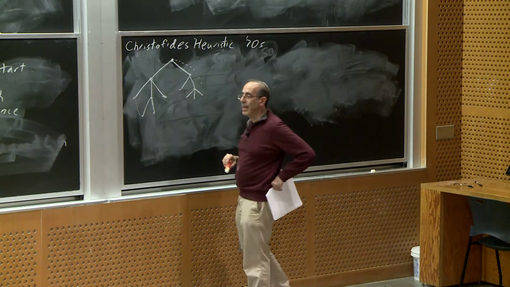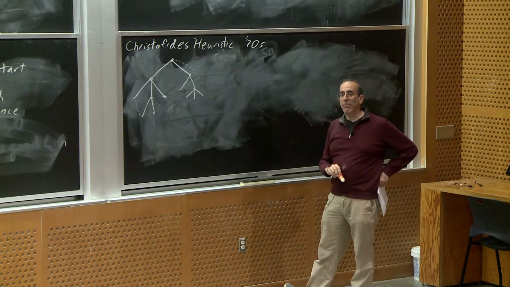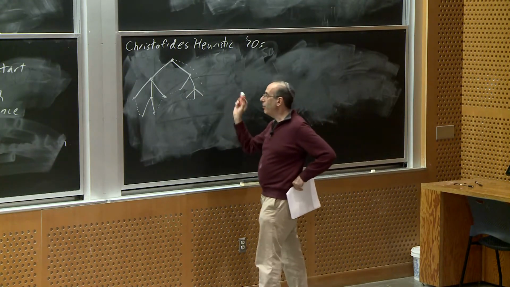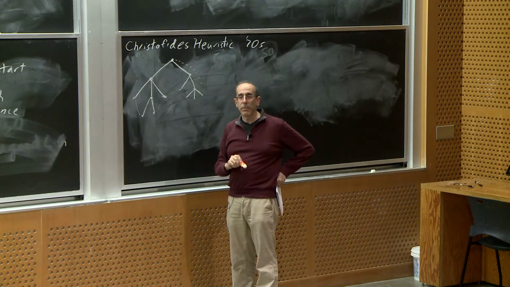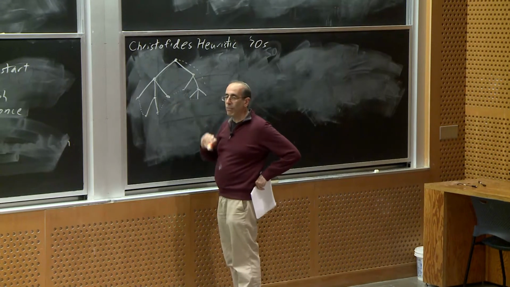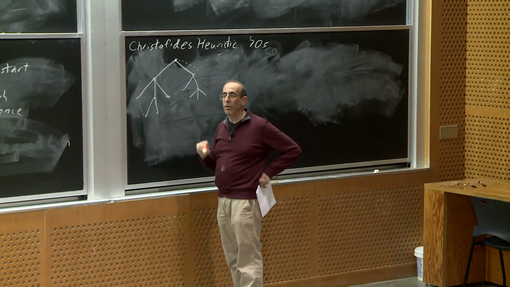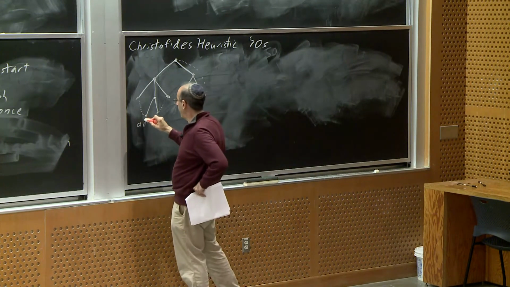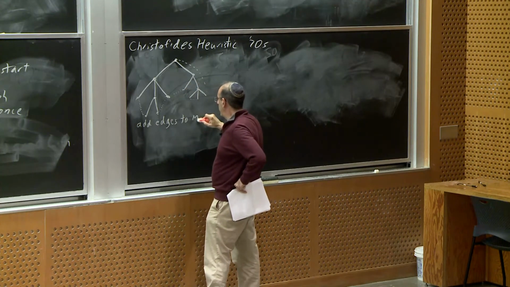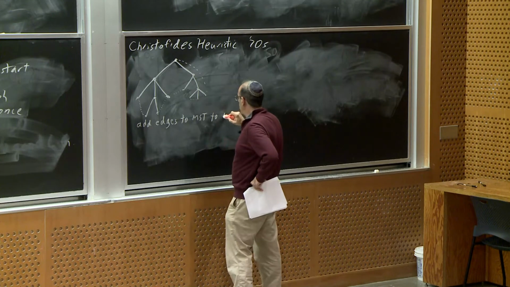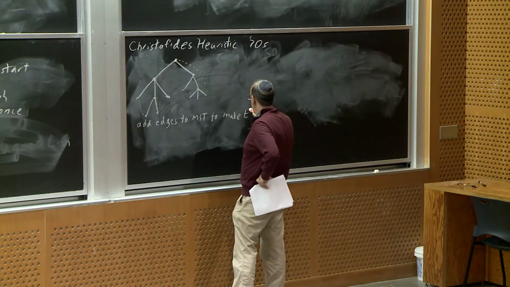But what Christophides said is, you don't have to use that way of making the degrees even. If you add edges in a way that makes all of the degrees even, then you will have what's called an Eulerian graph, where all the degrees are even, okay? So you need to add edges to the minimum spanning tree to make it Eulerian.